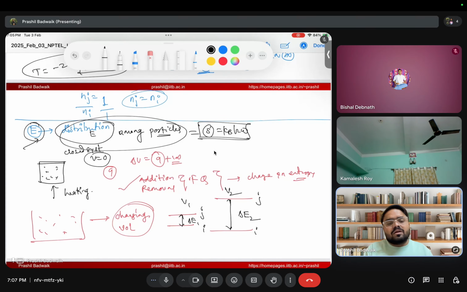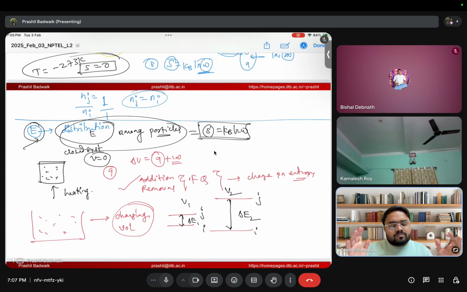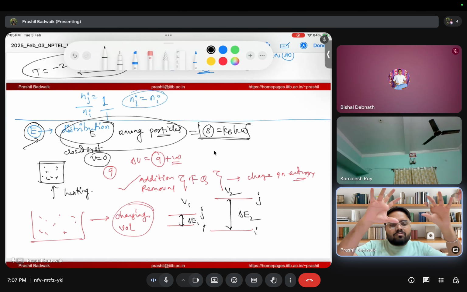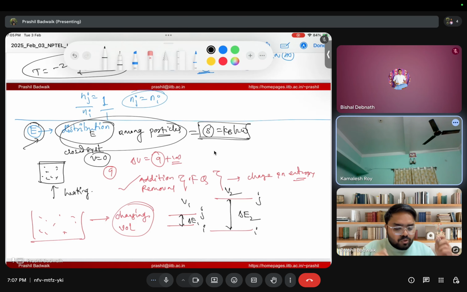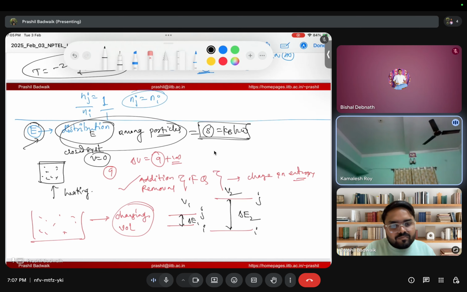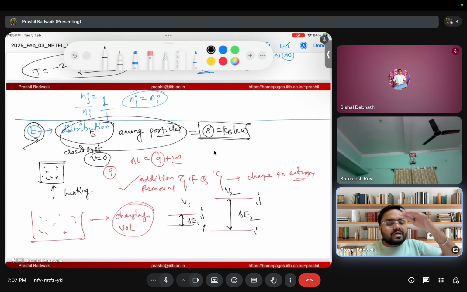If I'm asking two students to stay in a room, what will happen? They have very little space, so they cannot move around, right? So the energy difference between different states will be lesser. They can just go up to the door and come back. That is the distribution that is possible.